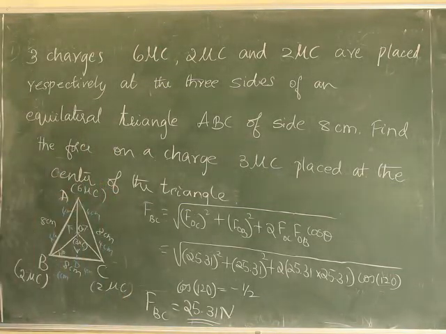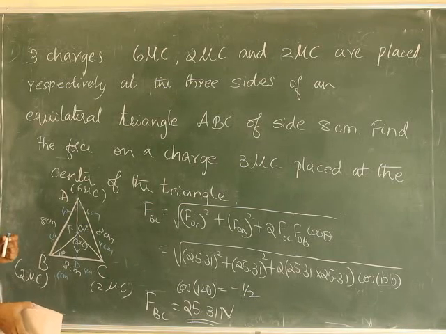Now, what is the total force? They are equal and opposite in direction. Therefore, you can directly add or subtract. If they are in opposite direction, you can subtract. They are equal and opposite in direction because two are positively charged.